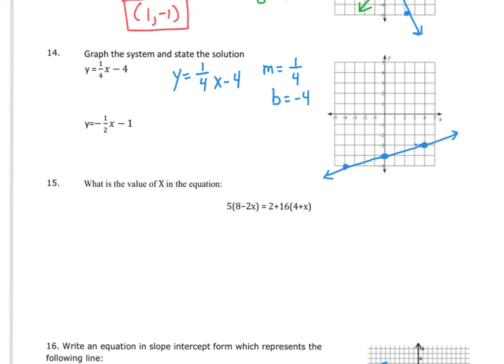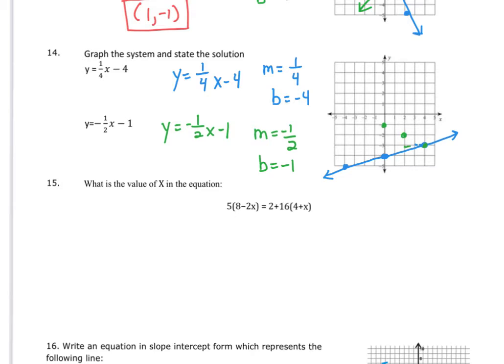Okay, now our next equation is y equals negative 1/2 x minus 1, where our slope is negative 1/2 and our y-intercept is negative 1. So my y-intercept starts at negative 1. My slope is negative, so I can go down 1 over 2, down 1 over 2.